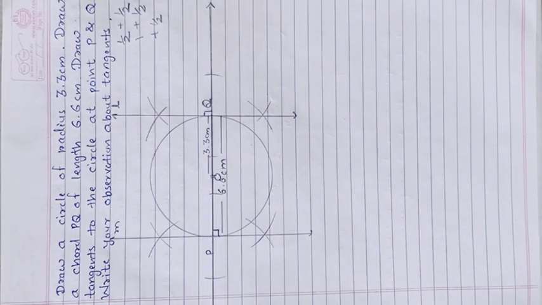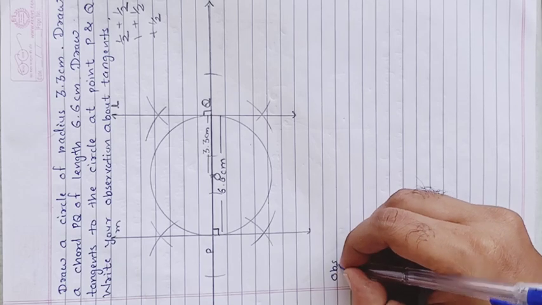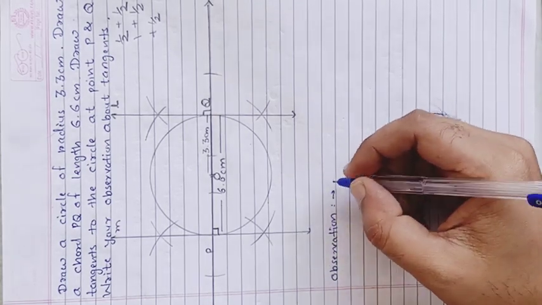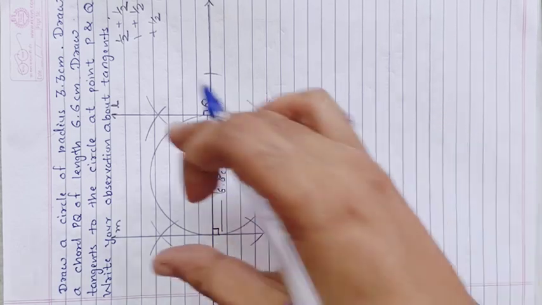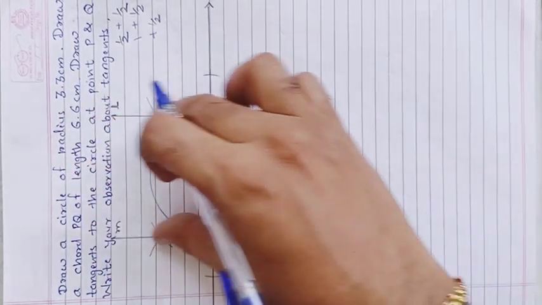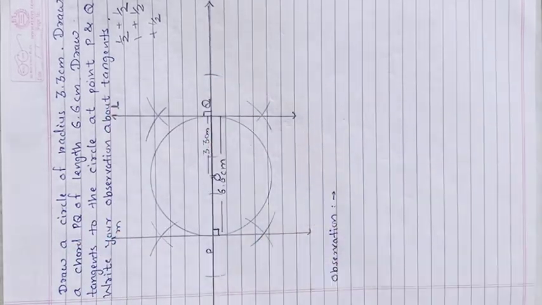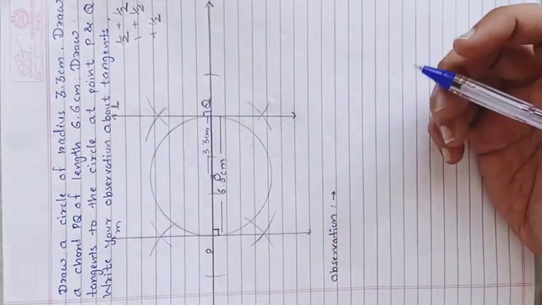Now observation. So I'll write here observation. And what is the observation? Observation about the tangent. We know here the tangents are perpendicular, so definitely both tangents are parallel to each other because they are perpendicular on the same line.